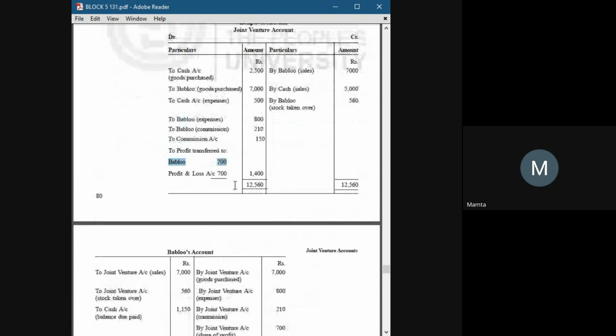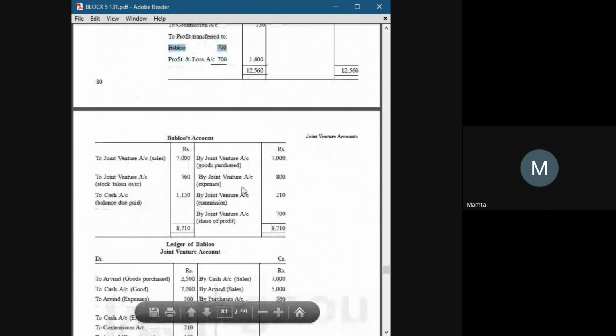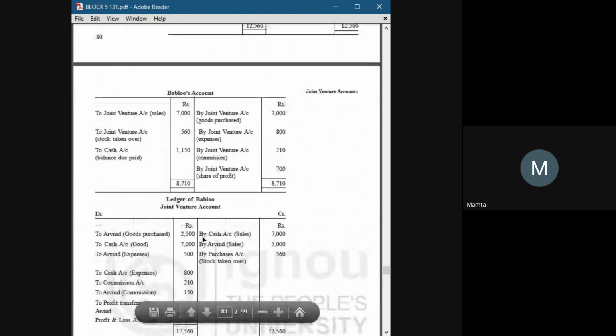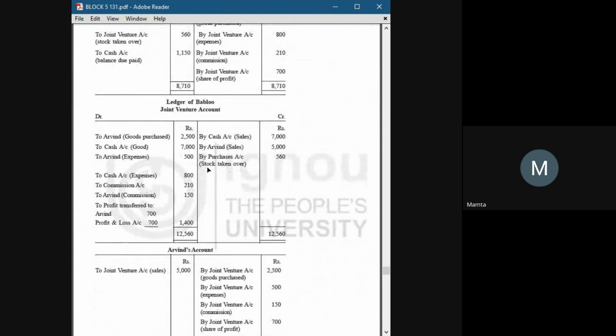In the ledger of Bablu, the entries would be opposite. In Bablu's ledger, Bablu will not mention his name, but he will mention Arvind's name. That's the difference.